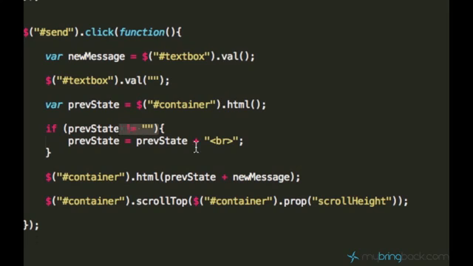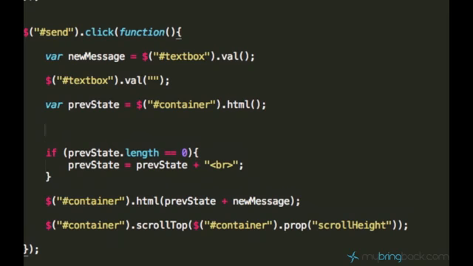JavaScript allows you to access an element's properties using this dot and just typing the property. So if the previous state length is, I don't know, 0, but now we don't actually know what the previous state length is when the div element is empty.